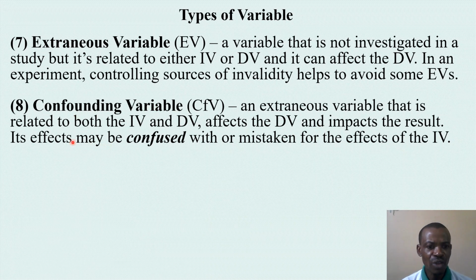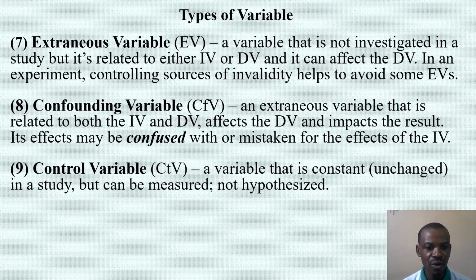Because it contributes to the result, it is often said to be a confused variable. That's why people call it confused variable, because its effect may be confused or mistaken with the effect of the IV.